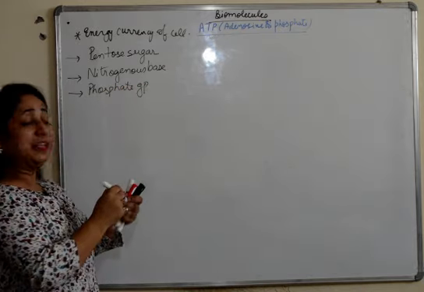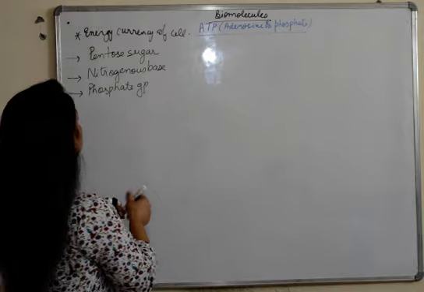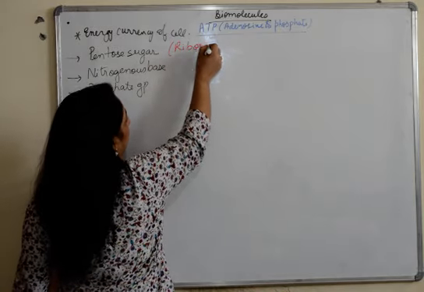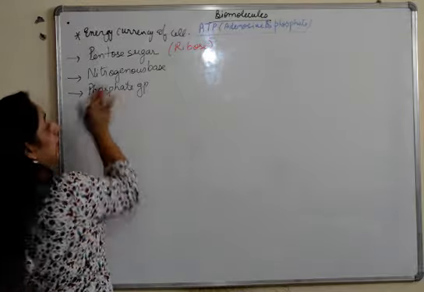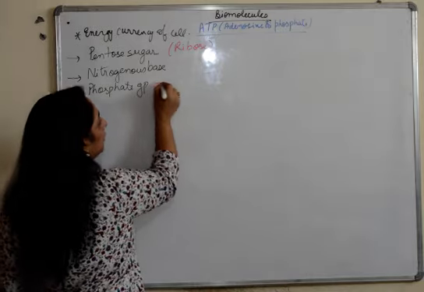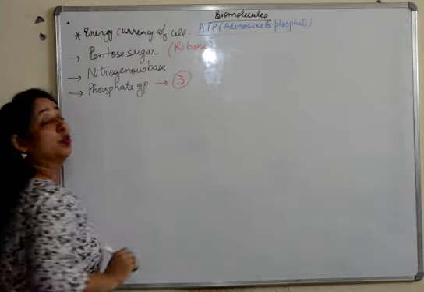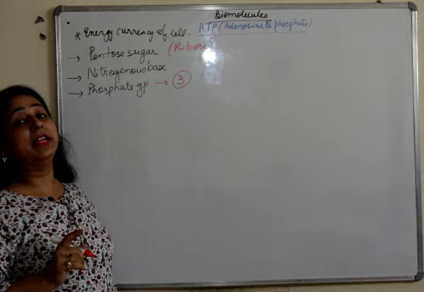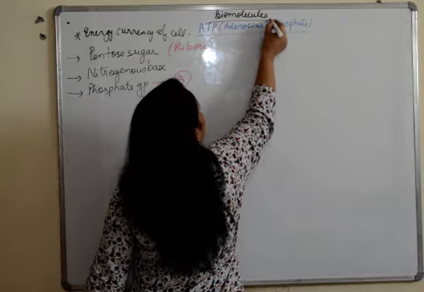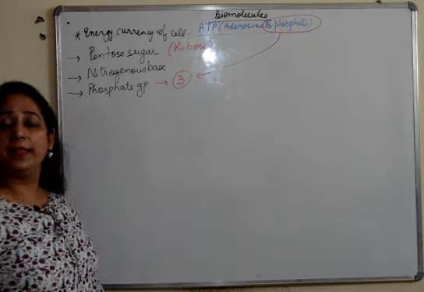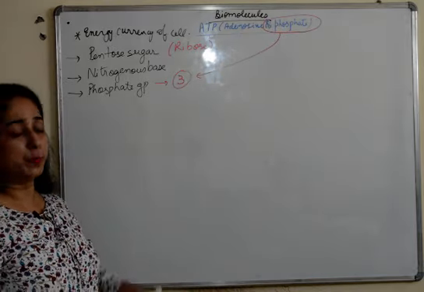So what is the change here? What is the change which we observe? Pentose sugar is a ribose sugar. Fine. Nitrogenous base is the same, adenine, guanine, cytosine and all. Phosphate group, there are 3 phosphate groups attached. In a nucleotide we have 1, but here we have 3 because it is a triphosphate molecule.